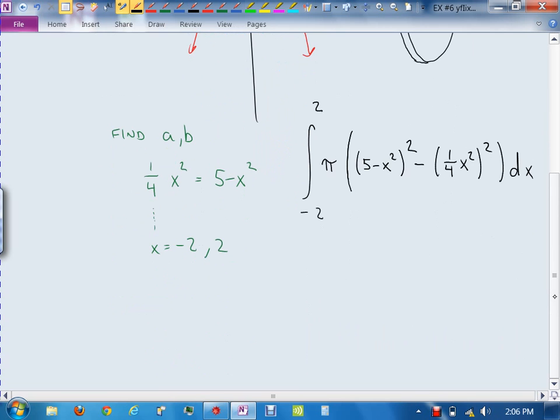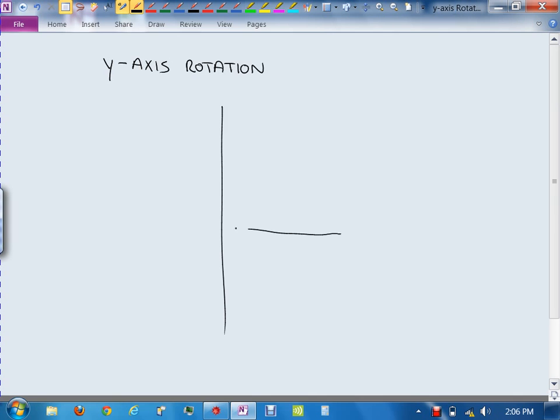All right, well, if we can rotate around the x-axis, we can rotate around the y-axis, right? So let's do it around the y, and let's do a general picture. So I'm going to start by saying y-axis rotation. The first thing we need is to be able to do an integral that's a dy instead of a dx.